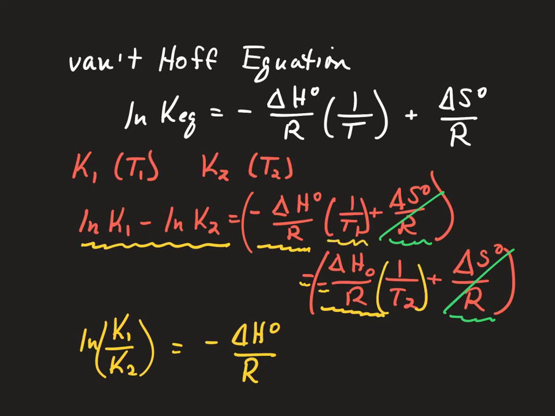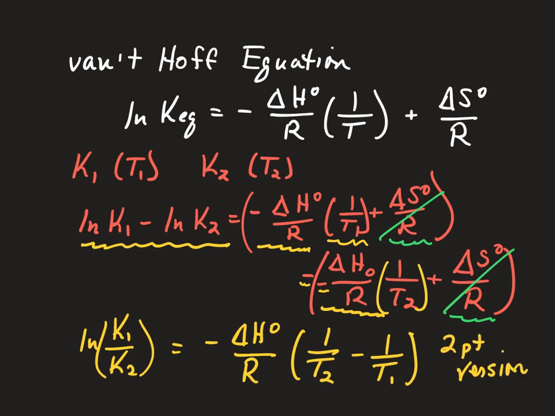And so what happened to us before is the temperature that goes with the second condition ends up first, and the temperature that goes with the first condition goes second, and there we have a two-point version of our Van Hoff equation that we can use. So I'll put together a different discussion where we'll do some problems with the Van Hoff equation.